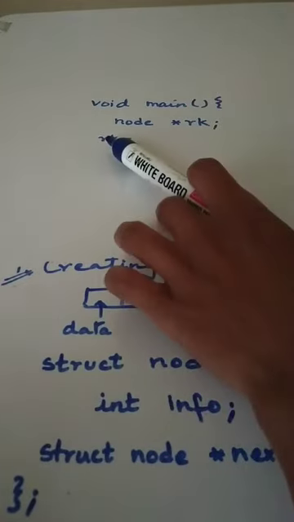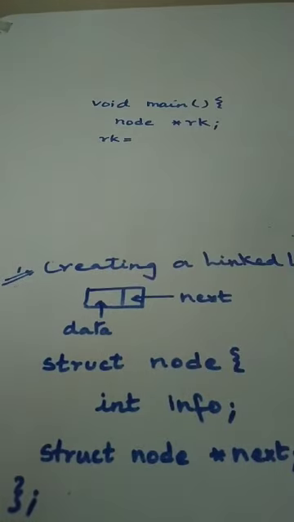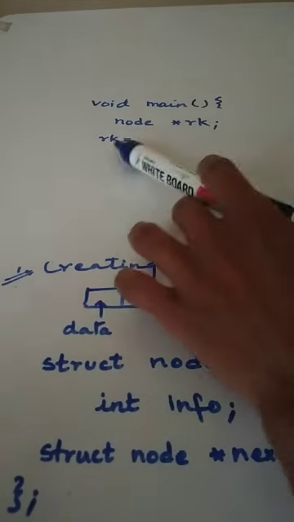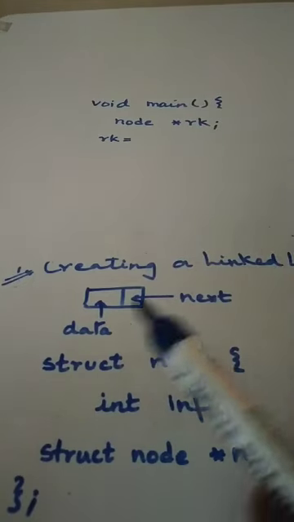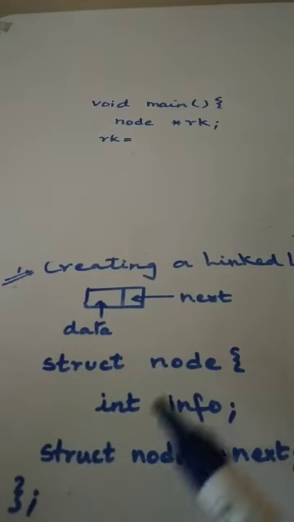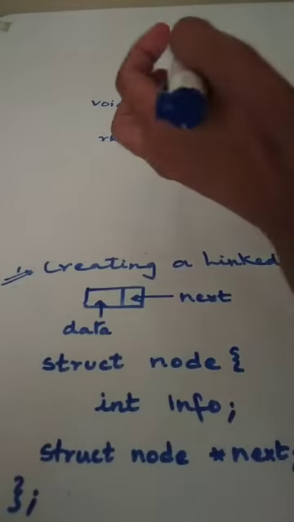So how do I do that? I have to take this pointer and I have to allocate memory to it. Now how much memory do I allocate to this pointer RK? That will depend on the size of the node. How many bytes does a node need to be saved in memory? So I will use malloc.